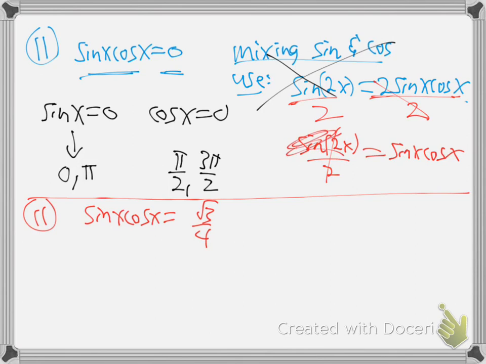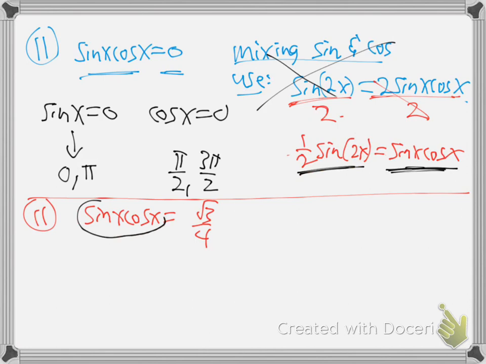In fact, why don't we make it easier by, instead of dividing by 2, just putting the half in the front. That's the same thing, right? A half is the same as dividing by 2. Good? So, what does this mean then? Wherever I see sine cosine, I'm free to replace it with half sine 2x.